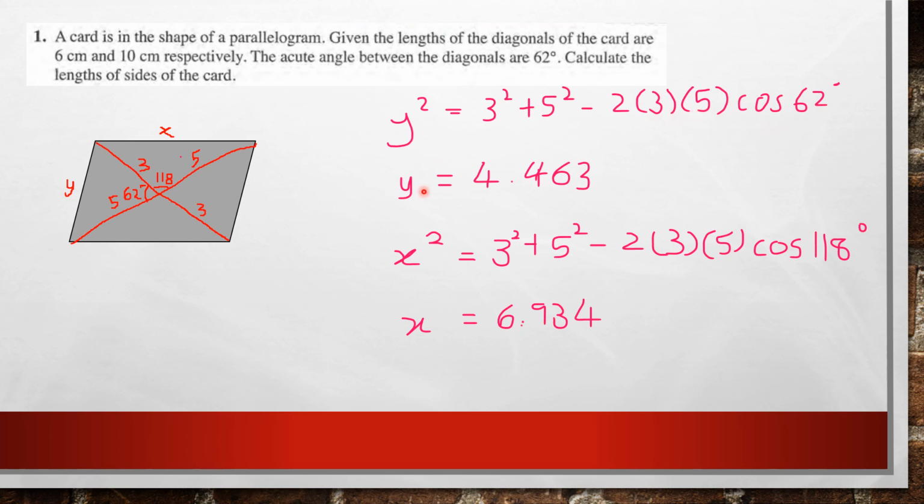So you square root it, you will get Y equals 4.463. Same goes for X, the same thing: 3 square plus 5 square minus 2 times 3 times 5 cos, the angle is different, now 118. So you square root it, X equals 6.934. Please take note that the answer at the back of the textbook is wrong for number 1.